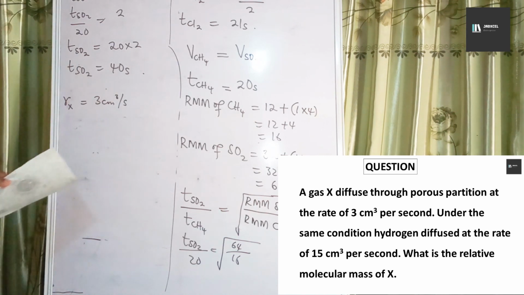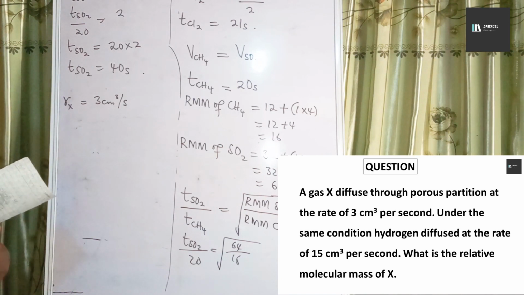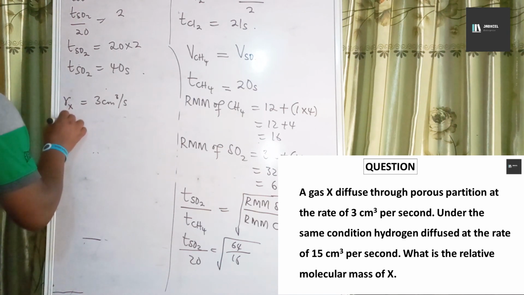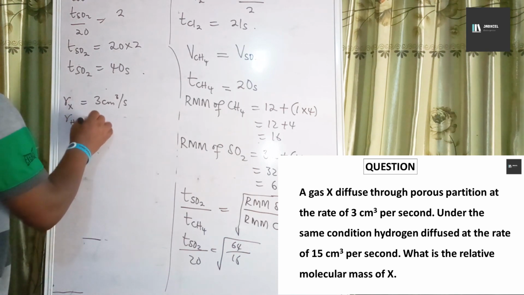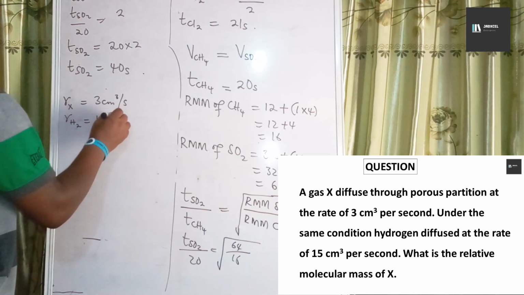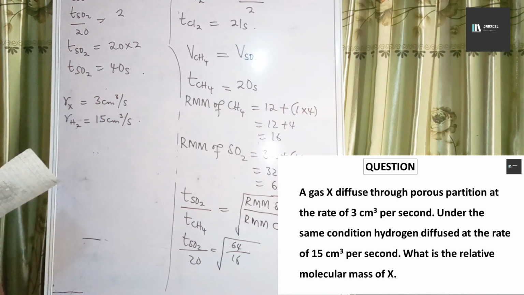Under the same condition, hydrogen diffused at the rate of 15 cm³ per second. The second gas we are considering is hydrogen gas. So the real question there is, what is the relative molecular mass of X?